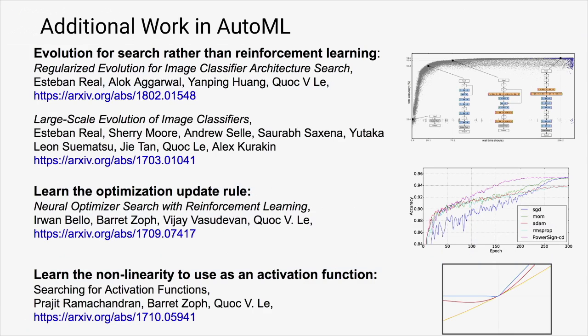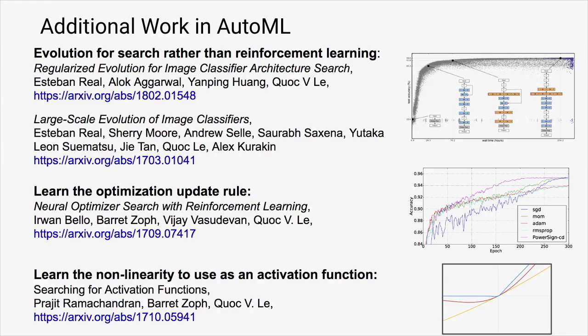And we've been following this thread and doing a bunch of additional work. So we've been exploring the use of evolutionary algorithms rather than reinforcement learning to see how well that works in comparison to RL. We've had a system that can learn new symbolic optimization rules. So if you're optimizing one of these neural nets, you usually use stochastic gradient descent, or maybe stochastic gradient descent with momentum, or maybe ADAGRAD or ADAM.